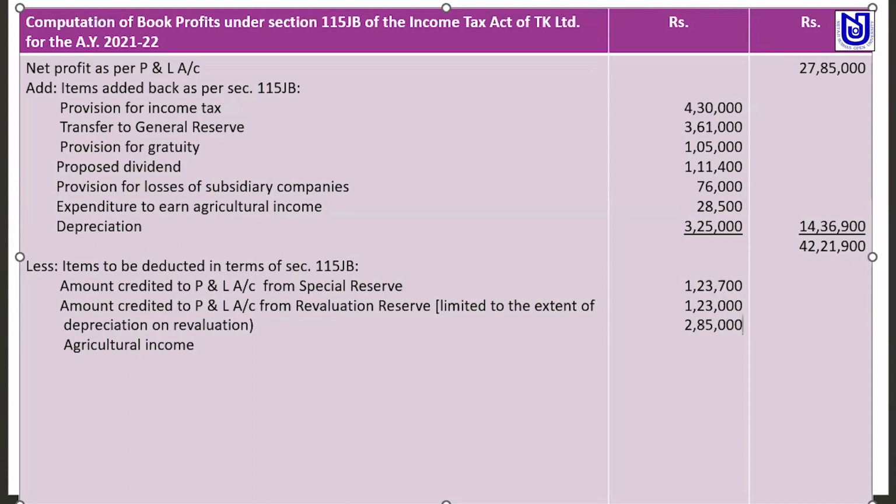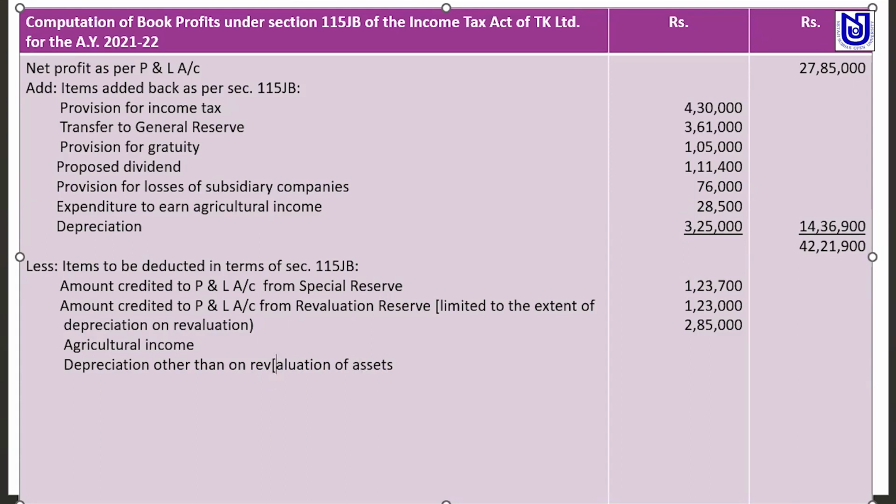Then LTCG exempt under section 10(38), as expenditure on LTC depreciation other than on revaluation of assets. Which part is related to revaluation of asset, that has to be deducted. So how much is this?